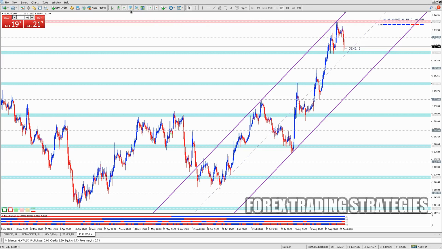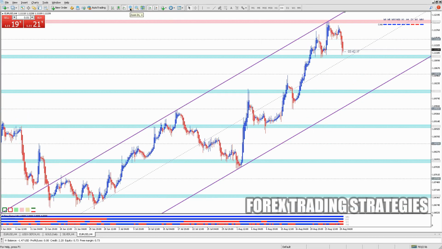The second thing that I want to talk about is choosing what you trade carefully. You need to choose carefully what you're going to be trading with that small capital. I would stay away from things like silver.